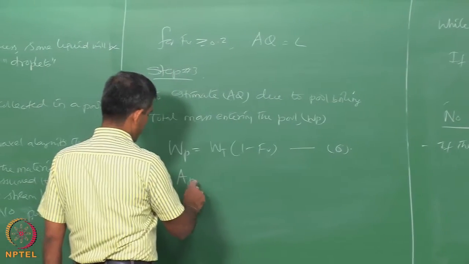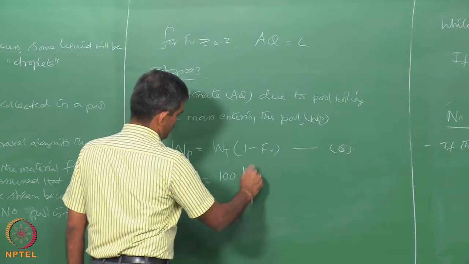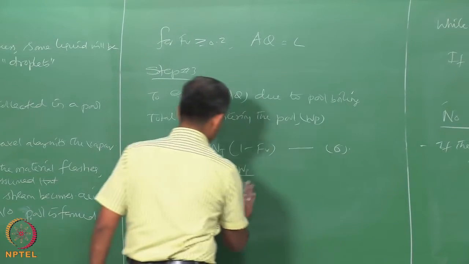And Ap will be given by Wp divided by rho L, the pool area.